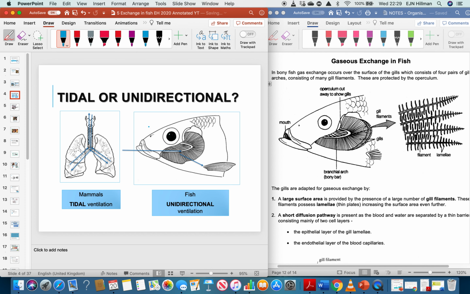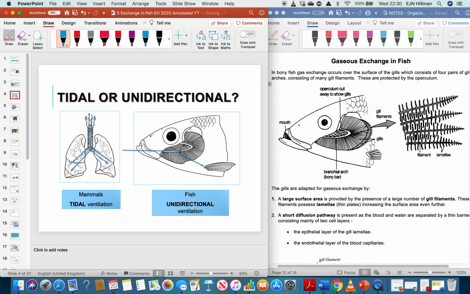In fish, they show a unidirectional ventilation, where water moves into the mouth, over the gills, and then out of the fish through a space called the operculum, which is a muscular tissue that we'll have a look at in a moment. And it always moves in one direction.